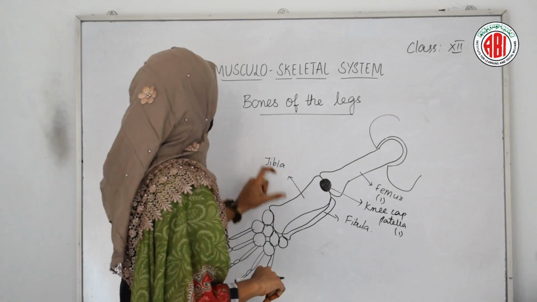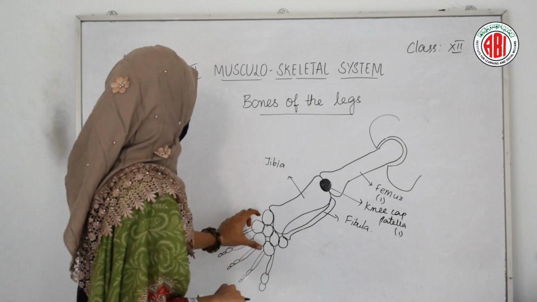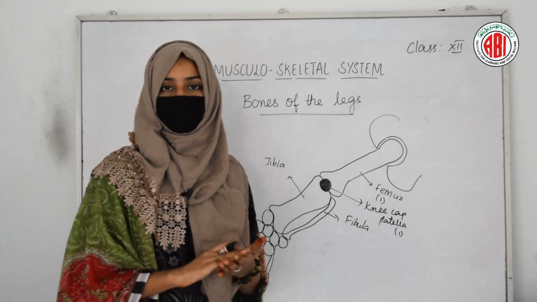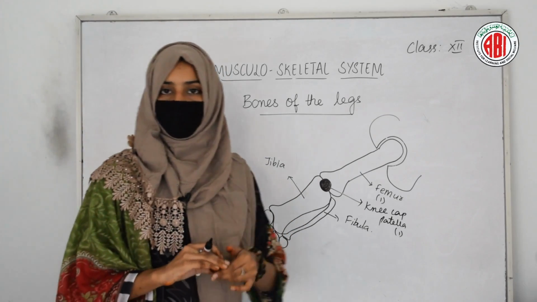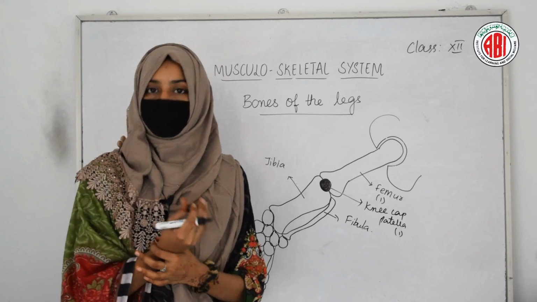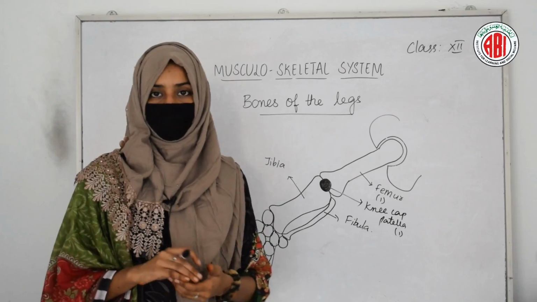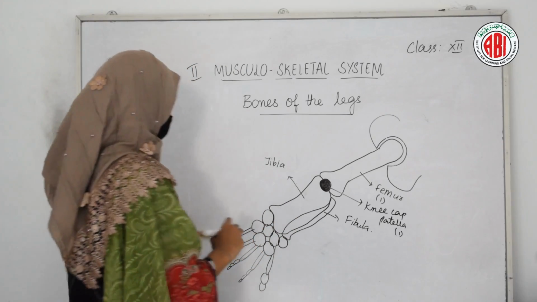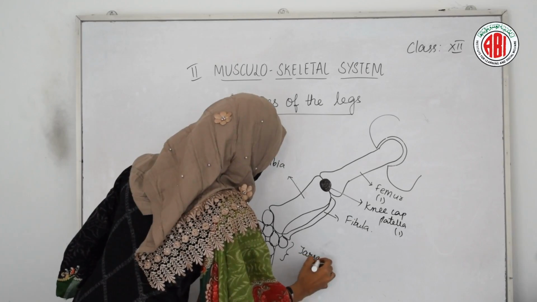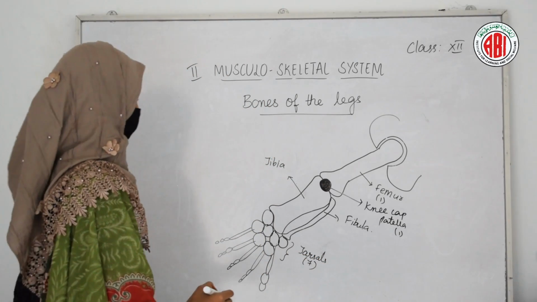Okay, now below this tibia and fibula, again small bones are present. While learning about the bones of the arm, we have seen that in the wrist 8 carpals are present. Here in the legs we call these bones tarsals, and the tarsals are not 8 in number but they are 7 in number.